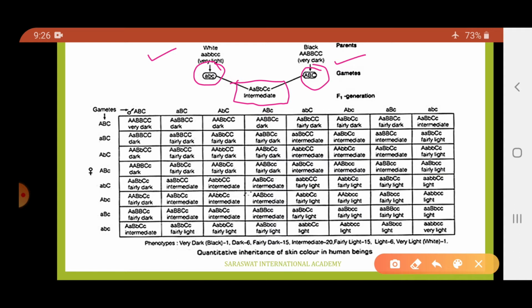so the number of gametes produced will be 8. These are the 8 types of eggs produced, and these are the 8 types of sperms produced.